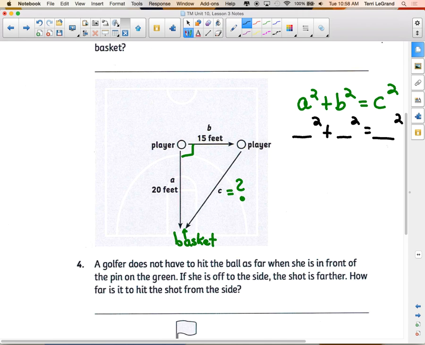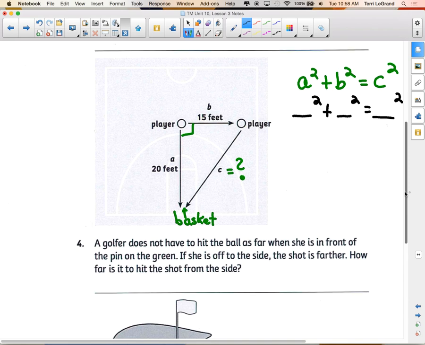So, what's our A? 20. What's our B? 15. And what's our C? C, it's unknown right now, right? So we'll leave it C. Okay, let's see how well we know our squares. What's 20 squared? Not 40.